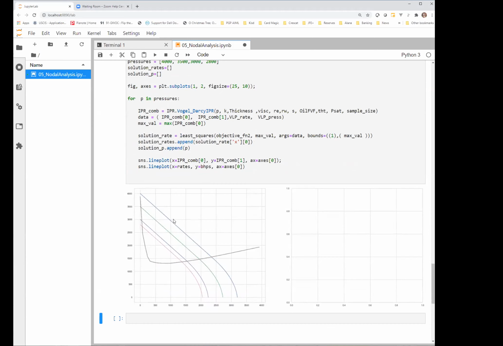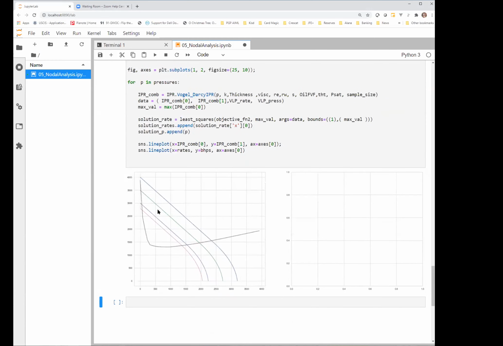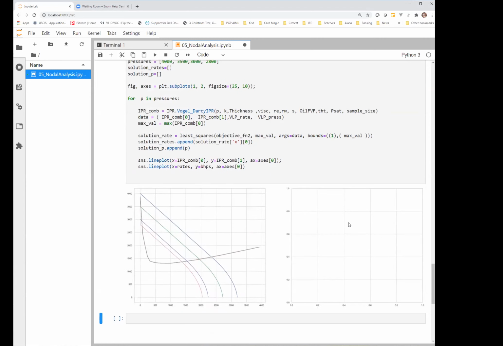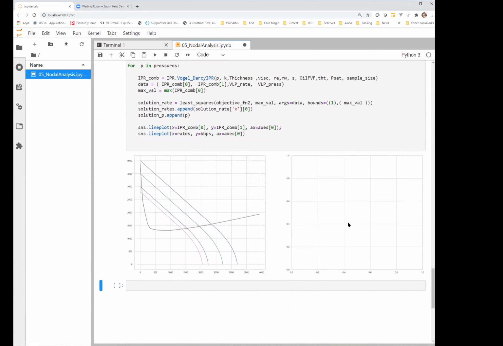So we have my different IPRs for each one of the pressures. We have a single VLP, and in that part we should be showing the intersection point. So let me check what's going on.